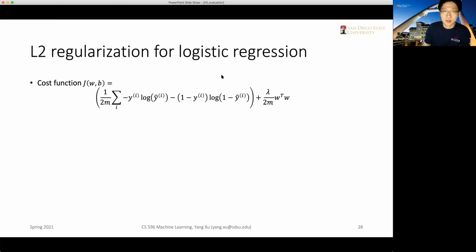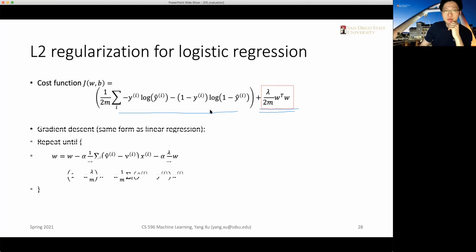All right, and that also applies to the cost function of logistic regression. Say this is the original cost function for logistic regression. The L2 term is in the same form, just the sum of squares. If we take the derivatives of it, we'll have the same thing.